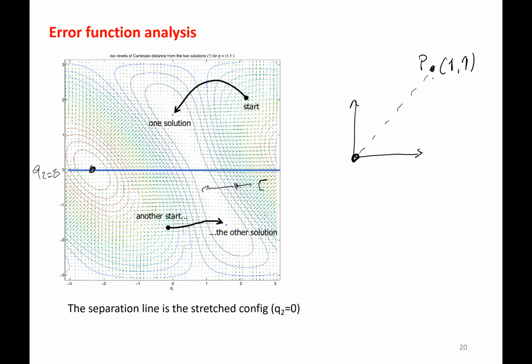So the highest error, if you think, is this configuration where you have a Q1 like this, and a Q2, a Q2 of 0, because this is the most far away from our requirement, and will have the maximum error.